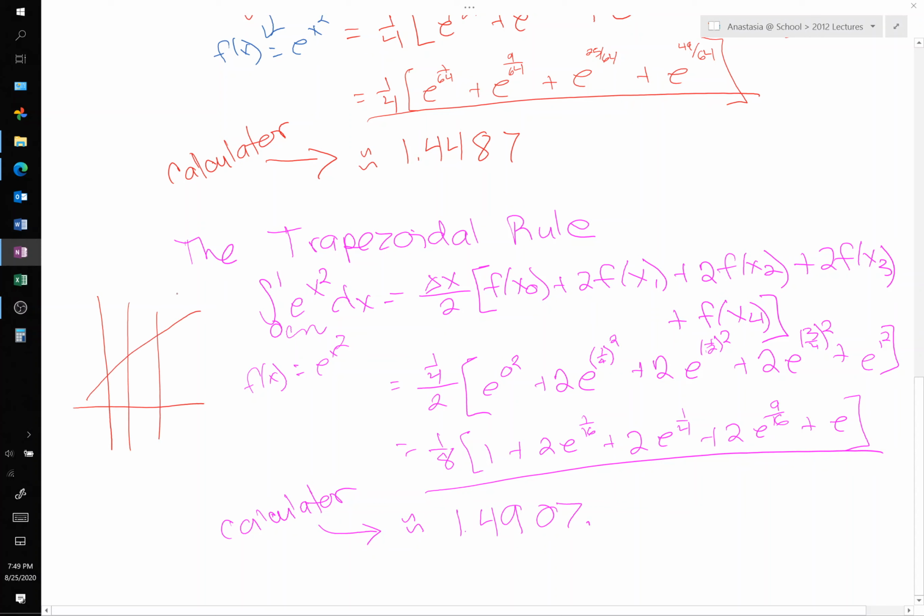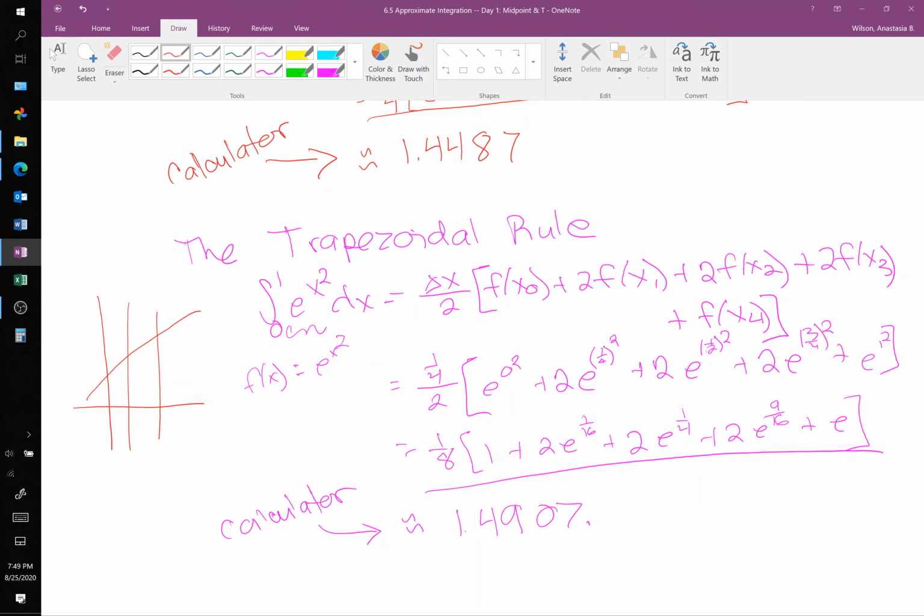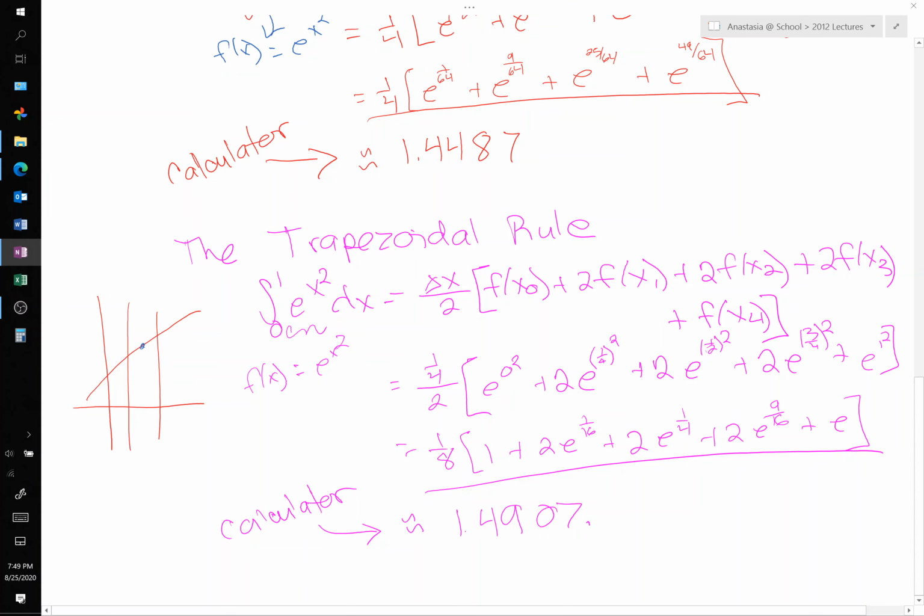So if you have some function value here, then for the midpoint rule, we would have a rectangle like this. So we get that sort of area.